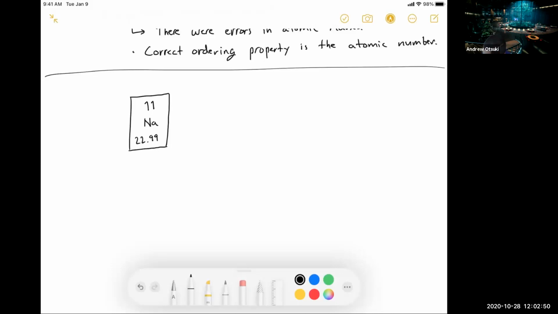This number on the top is my atomic number. So that gives me the identity of the element. This two-letter symbol here is called the chemical symbol.